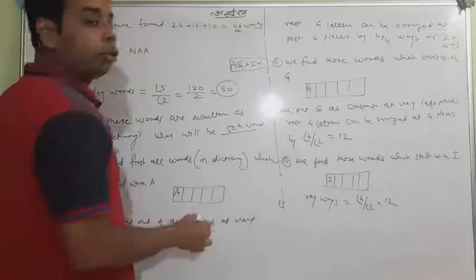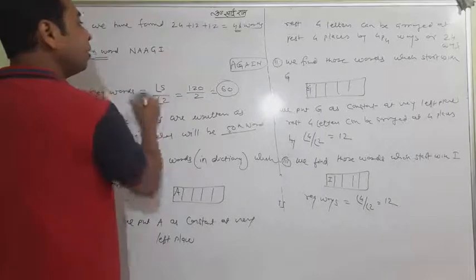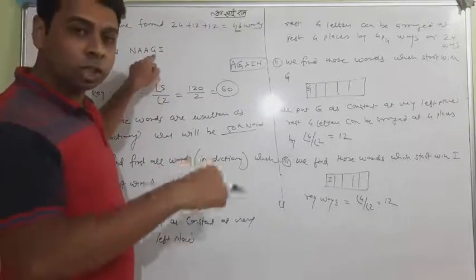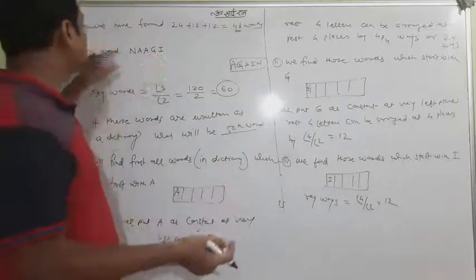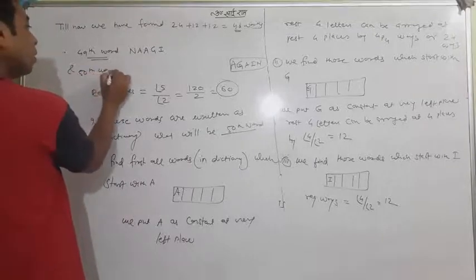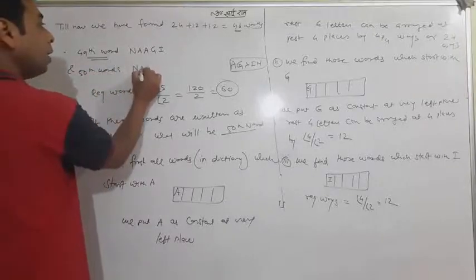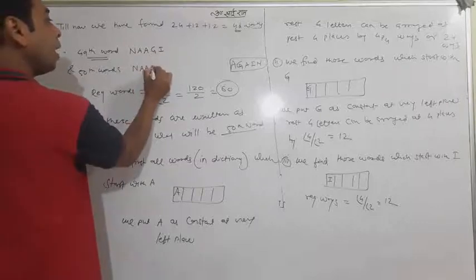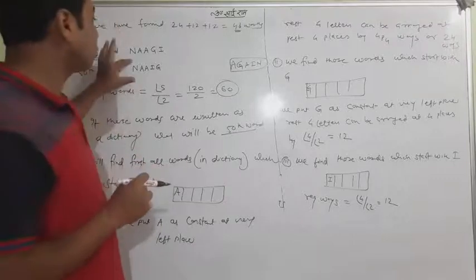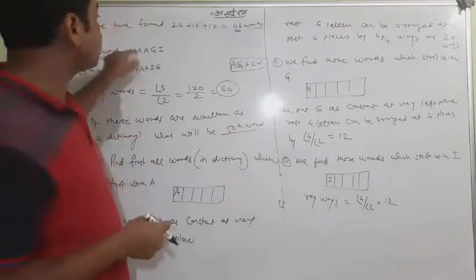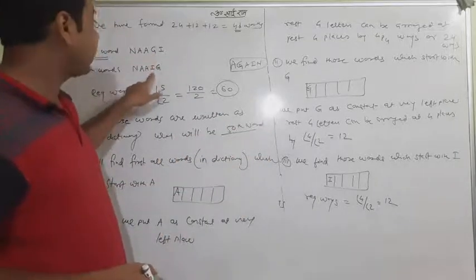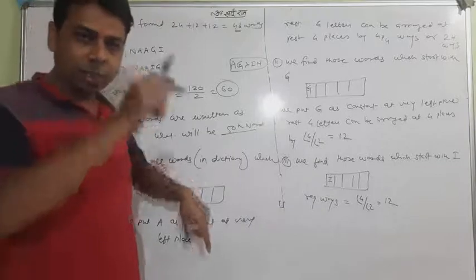A, G and I. So N, A, then G and I will come. This will be the 49th word, and the 50th word will be N, A, A, then I and G. This is according to the dictionary I am arranging. First it will be N, double A, G and then I, and after that I and then G will come.